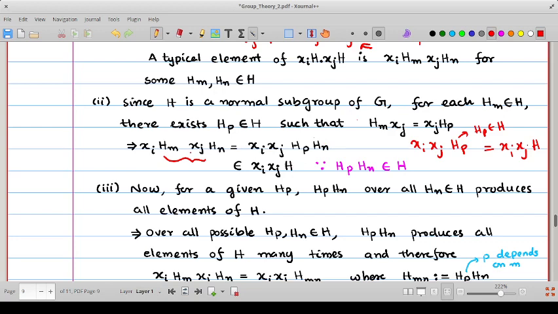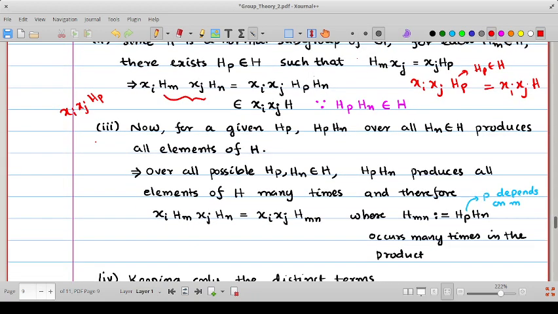So the elements of this type that need to be considered are simply xi times xj times some hp, where hp are the elements of the group H. And we only need to consider each hp only once because we are only keeping distinct elements.